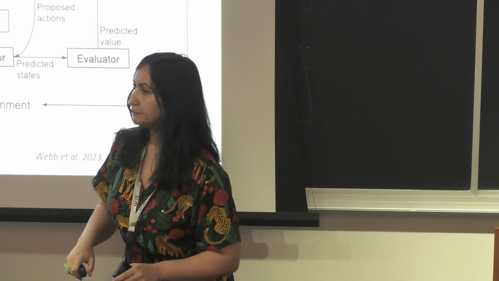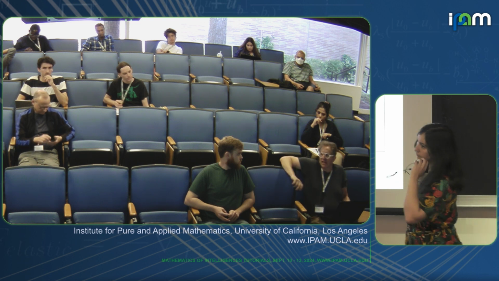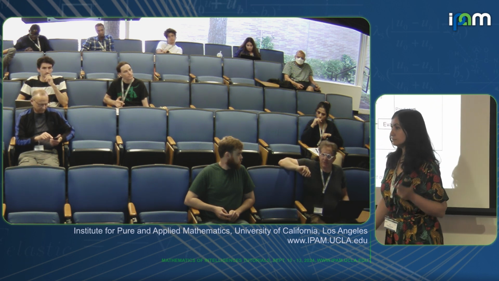I was just curious, and maybe you're going to show, what works and what doesn't work. It seems like the plain vanilla LLM is likely to perform better in some of these tasks than others.